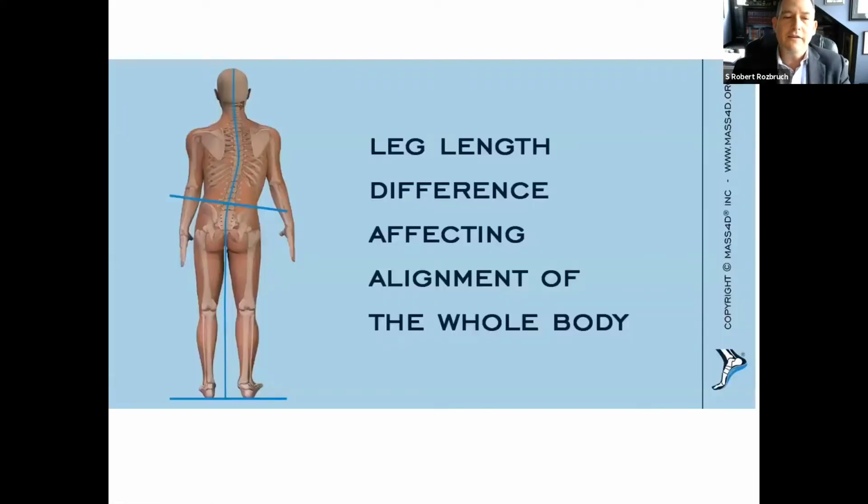Now, leg length discrepancy affects alignment of the whole body. And principally, the way it works is that if one leg is shorter than the other, there is pelvic obliquity. Pelvic obliquity has a deleterious effect on the spinal-pelvic relationship and the subsequent spine that is above the pelvis.